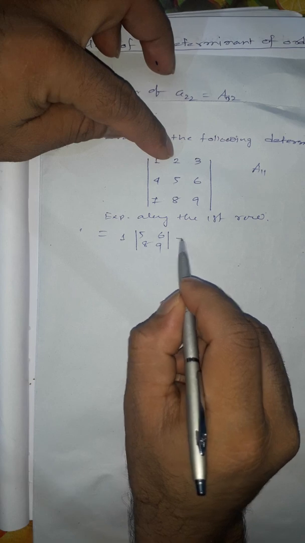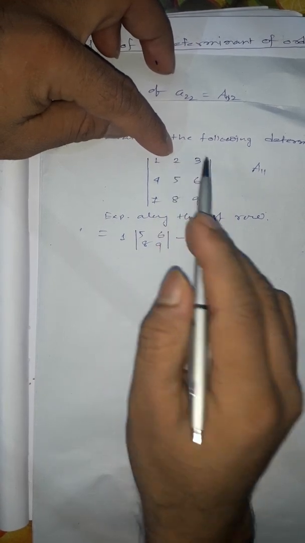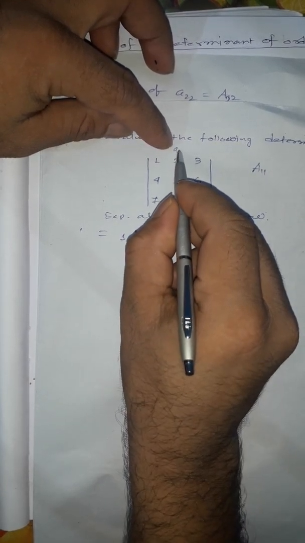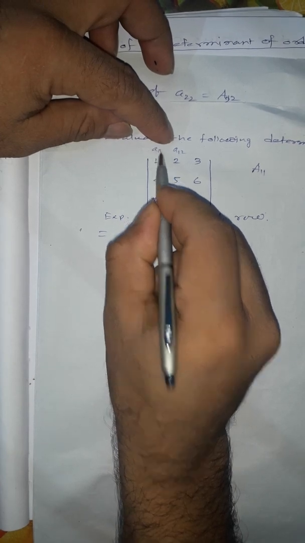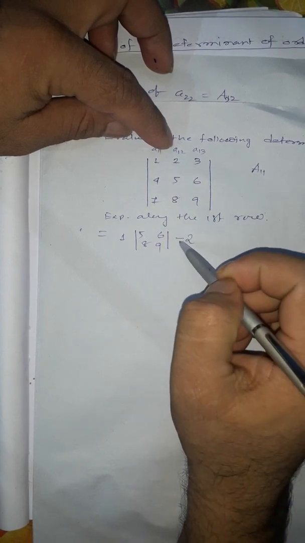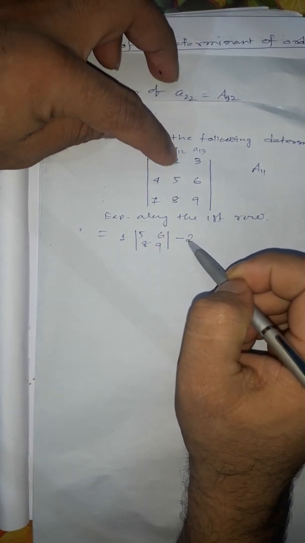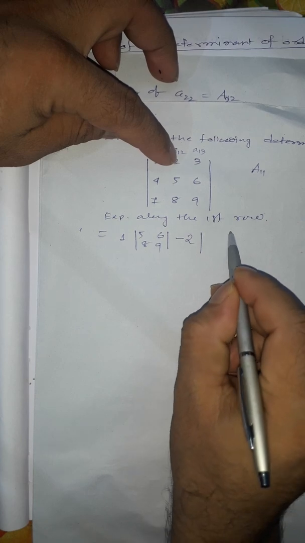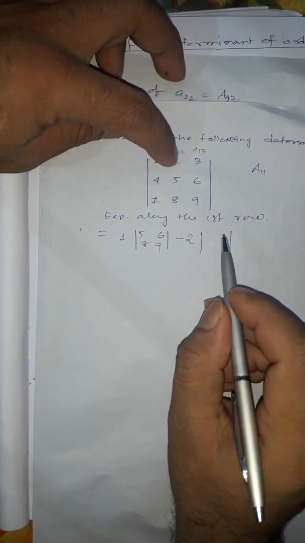Next 2, the sign will be negative. Why? Because this element is A12. 1 plus 2 is 3, odd, so the sign will be negative. 2 into its minor, just write down the minor of this element.